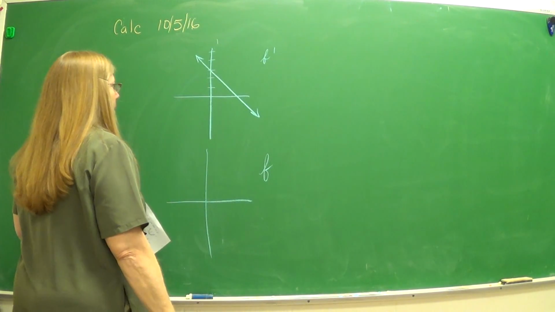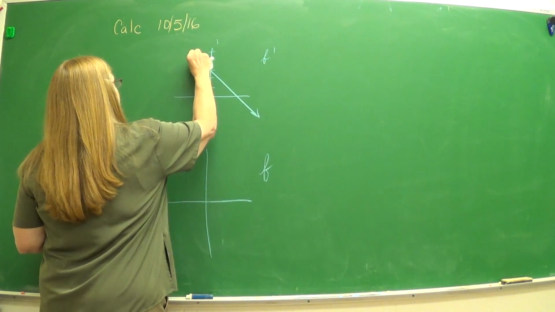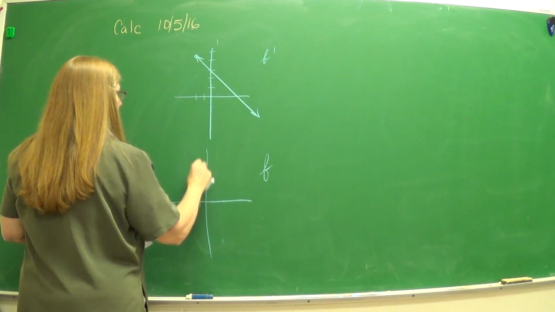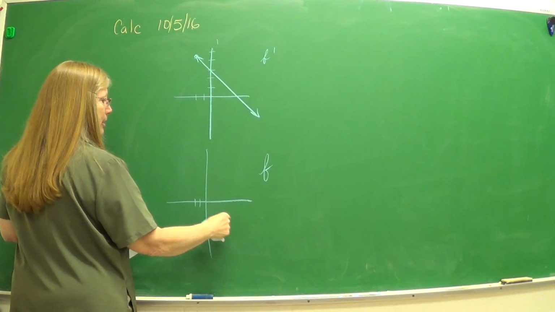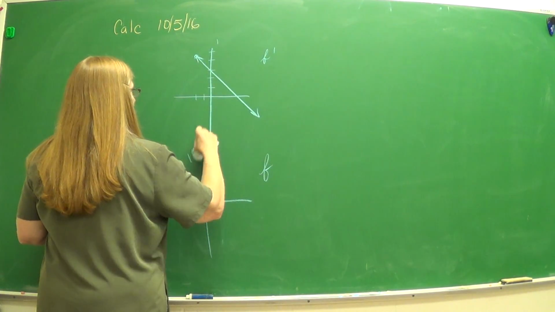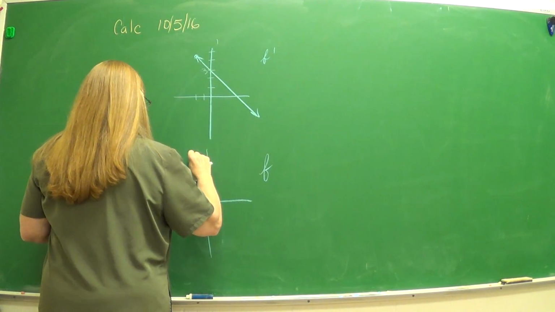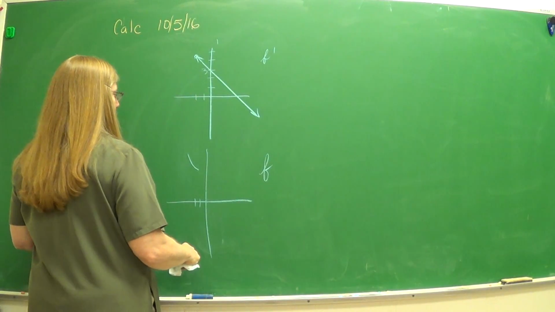So right here, the value on this graph where x equals 2 is a very high number, close to 5. So I've got to draw a shape with a slope that's very high. When I got to here, the slope is less. It's down to 3. So I'm going to curve less, so my slope is less.